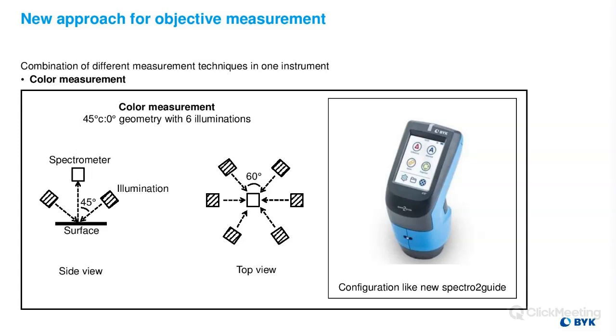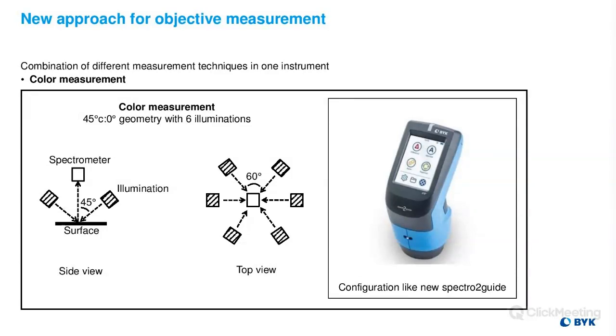This is the first measurement technique, as mentioned, the 45C0 geometry. If you're unfamiliar with the C notation, that just means circumferential illumination, which our instruments have had for quite a while. So with this geometry, of course, the illumination comes in from the side at a 45-degree angle.